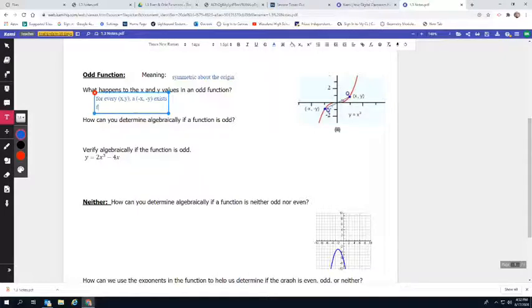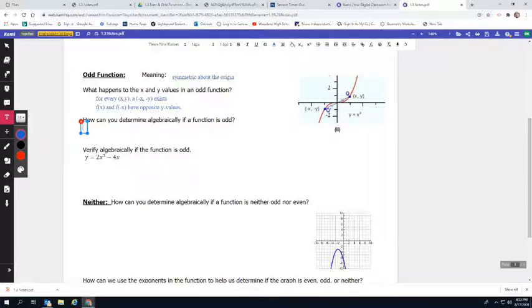So f of x and f of negative x have opposite y values. What that basically means is that when you plug in a negative x for your x, your y value should change signs as well. All right, let's go to the next part.